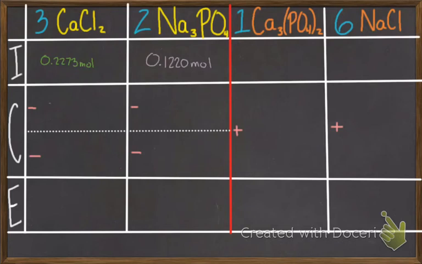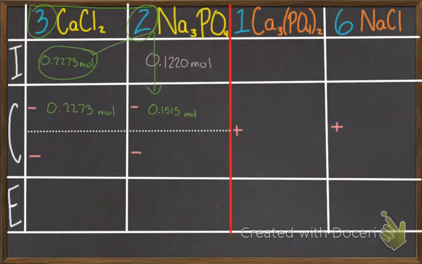So let's take this 0.2273 and bring it on down first because it's the easier one to work with, and then we're going to do our calculation. We're going to take this value, multiply it by 2, and then divide it by 3. And that number is going to go again right here in this box. And then we're going to do the exact same thing for the other one.